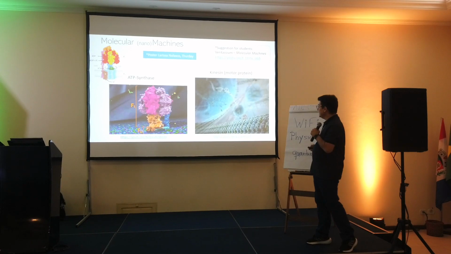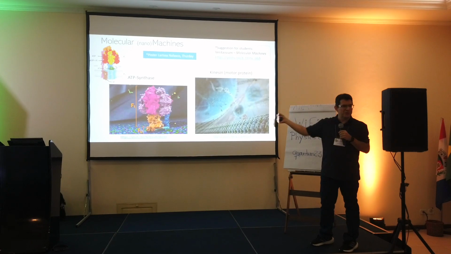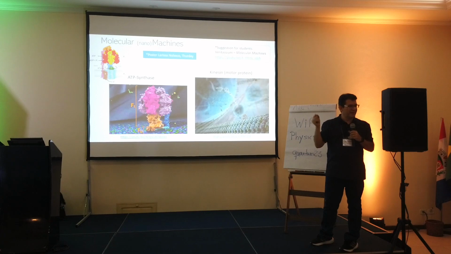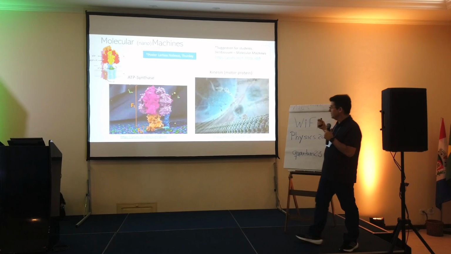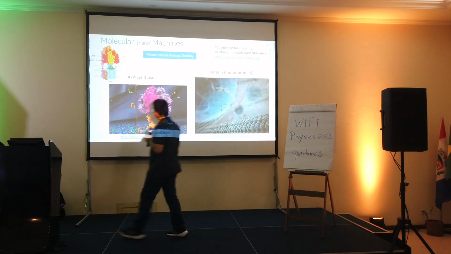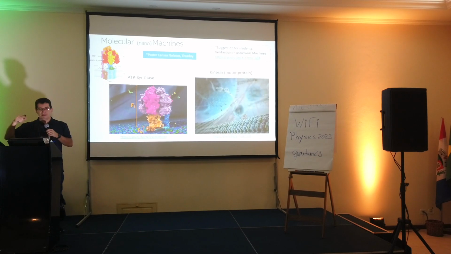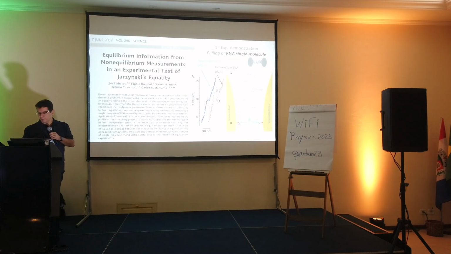I don't have time to explain that. And this, of course, is a model because these objects are much, much smaller. They're nanometer-scale mechanical machines that have been tracked using optical tweezers to learn very relevant information about the system.